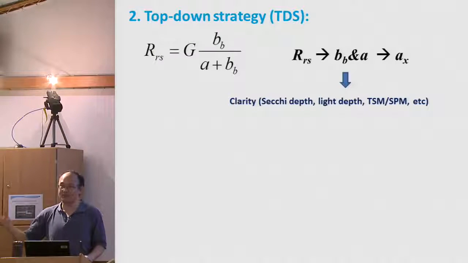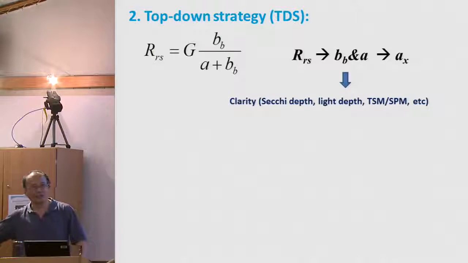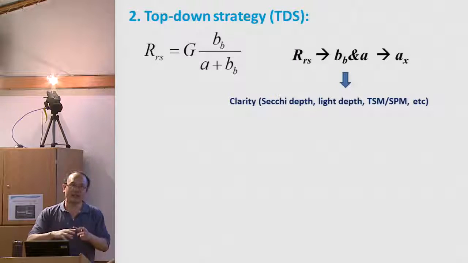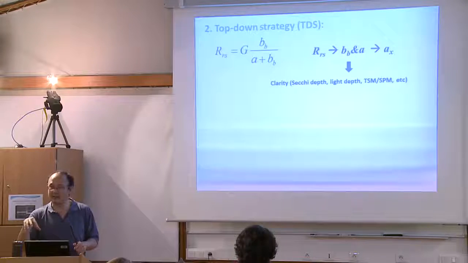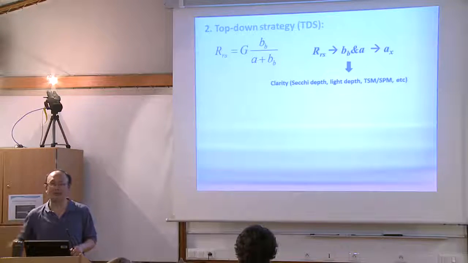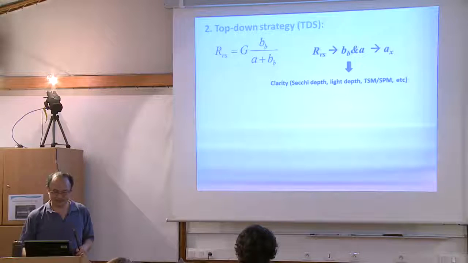After we know the A spectrum, can we use that A spectrum to decompose it into A water, APH, ADG? That's what I mean, as I said, it's kind of like you peel the onion. You peel the first layer, then you peel the second layer. The first layer will be the A and BB. The second layer will be the A components, the AX.